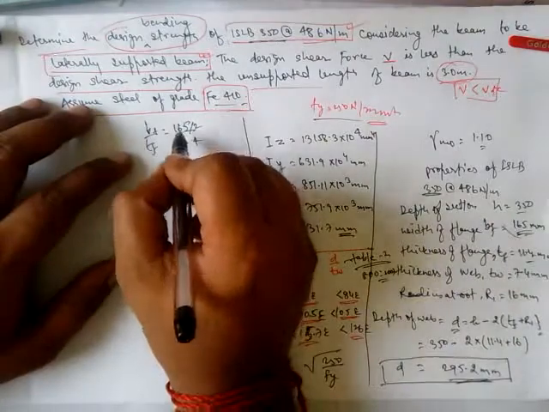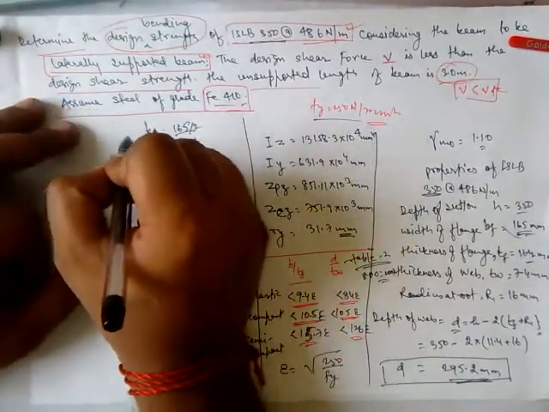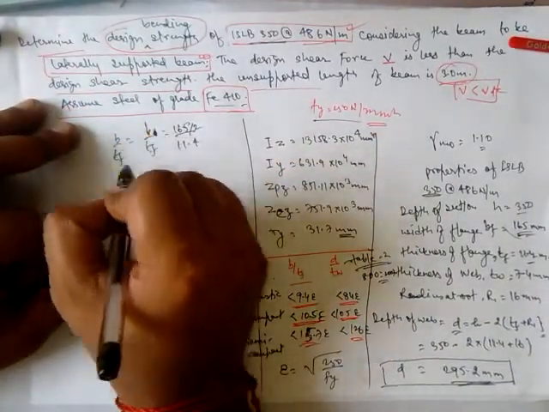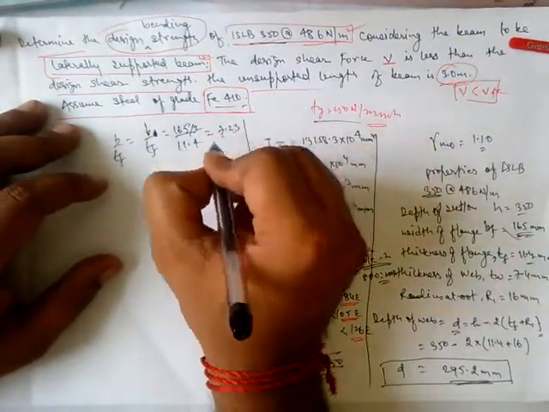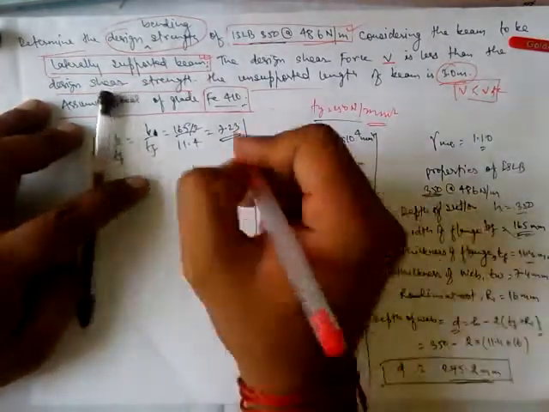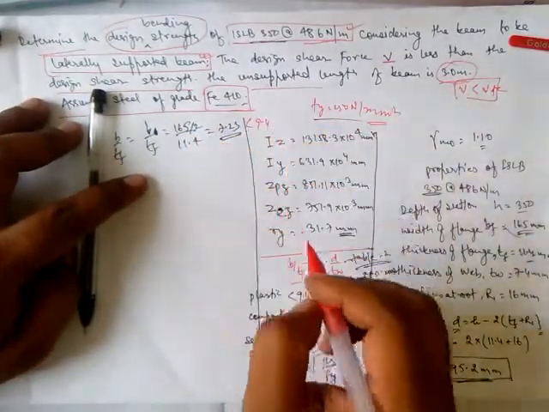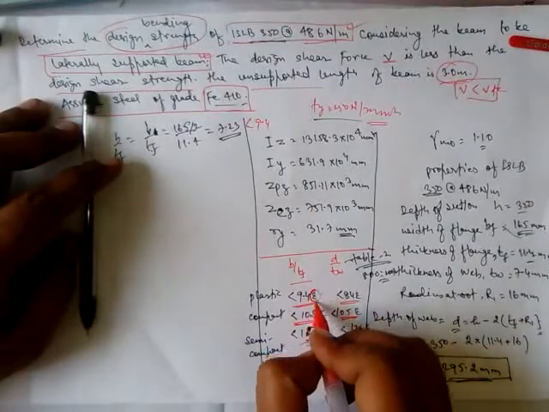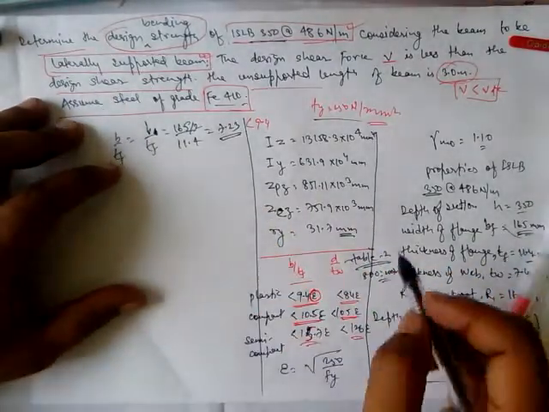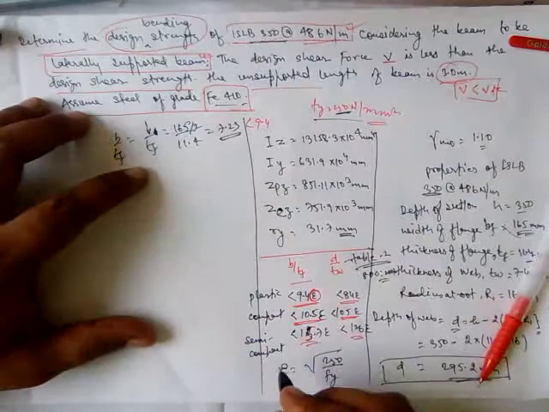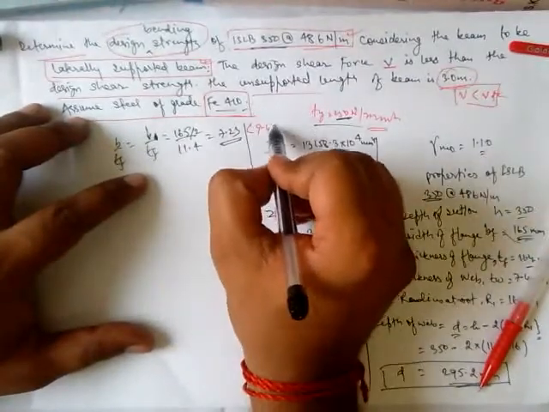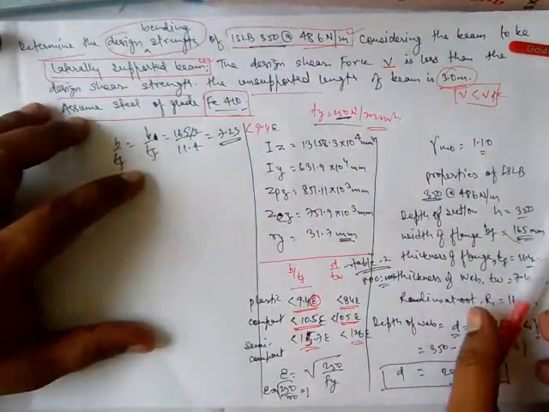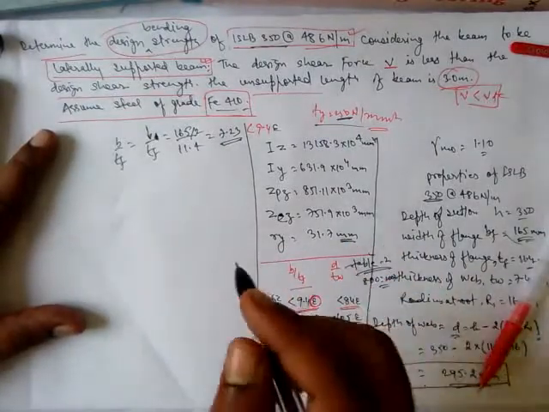So b by tf is equal to 7.23, therefore it is less than 9.4. Epsilon: here it is given that fy is 250, so epsilon value is root of 250 by 250, which means 1, so it is less than 9.4 epsilon.